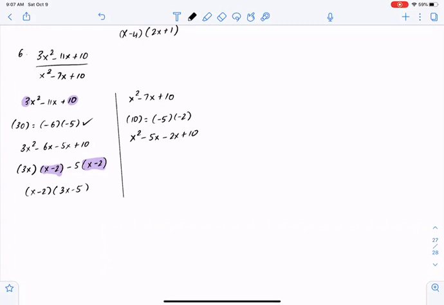We have an x in common in the first two terms. So if I pull that out, I would have x times x minus 5. We have negative 2 in common in the last two terms. If I pull that out, I would have x minus 5.